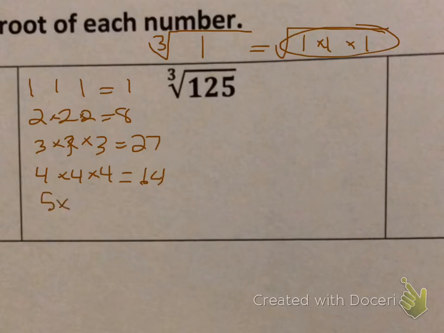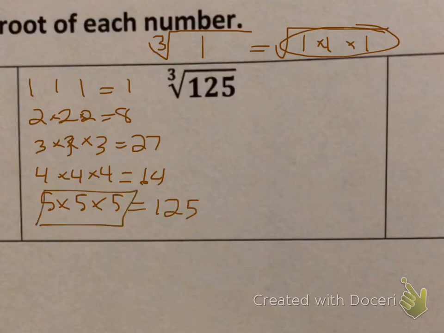And 5 times 5 times 5 multiply together to be 125. So I just found the numbers that will work. 5 times 5 times 5. There are three of them, so the cubed root of 125 is the number 5.